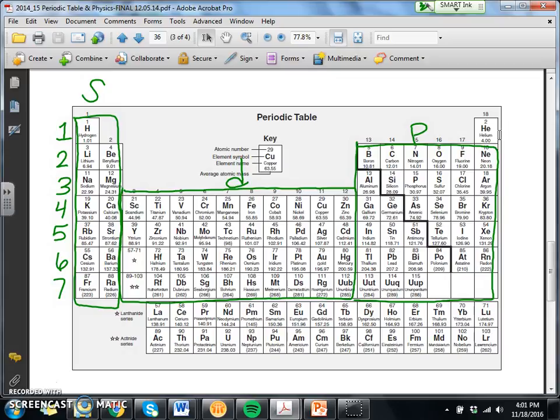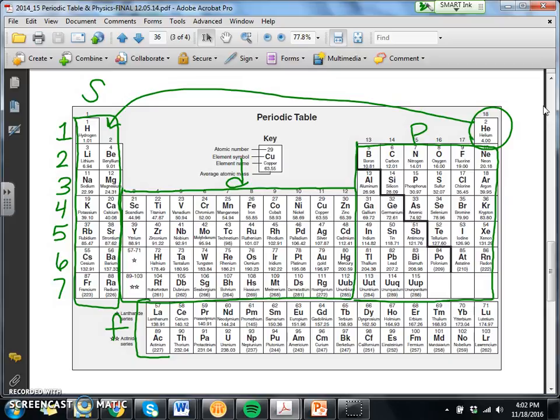Notice that I did not include helium in the P sublevel. That's because while helium acts like the rest of the noble gases that are in column 18, helium's electron configuration actually belongs in that empty box right over there by hydrogen. It's part of the 1s level. And then these down here, the lanthanide and actinide series, are part of the F sublevel, which have 7 total orbitals.